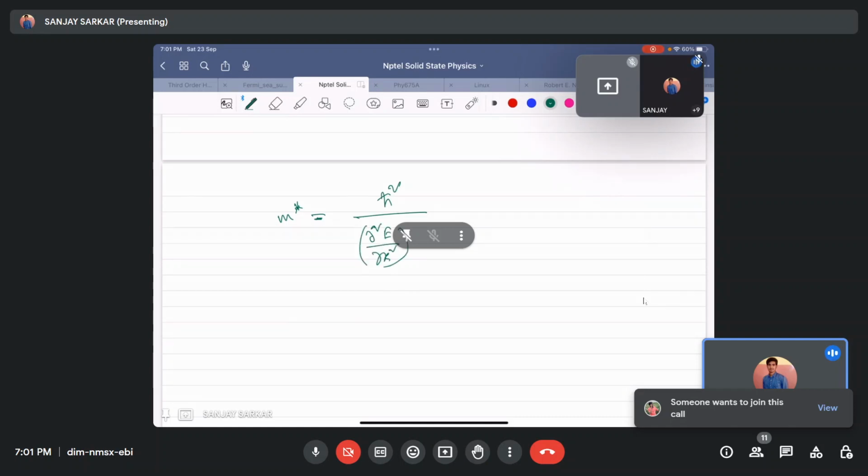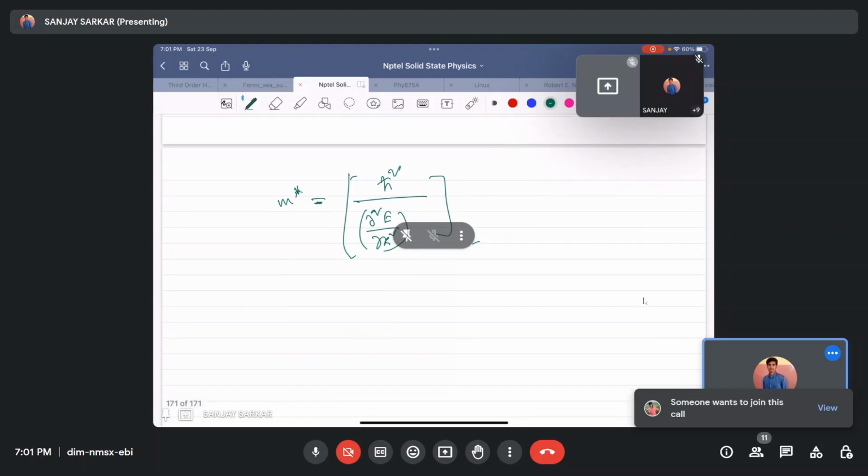So it is coming from this Schrodinger equation. You have to solve this and you will get the formula for this. And this is basically the curvature of the band structure. So energy dispersion you will get, E in terms of k. So basically it is not a scalar value, it is basically a tensor.